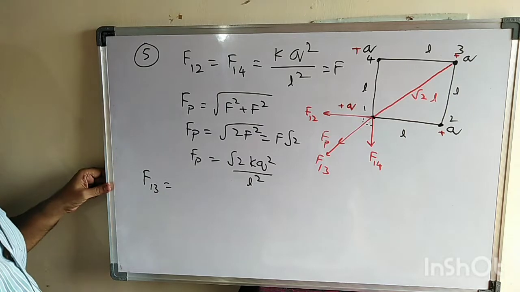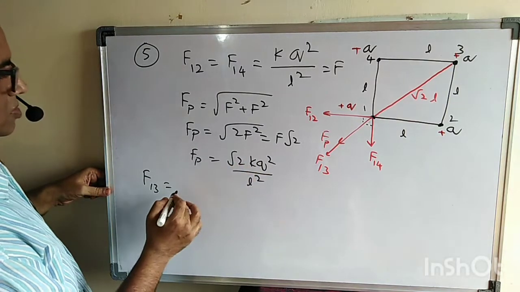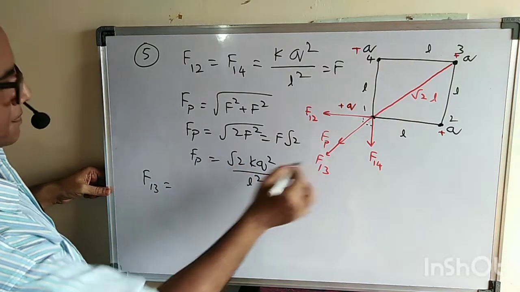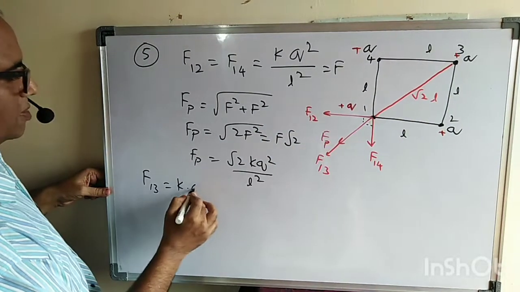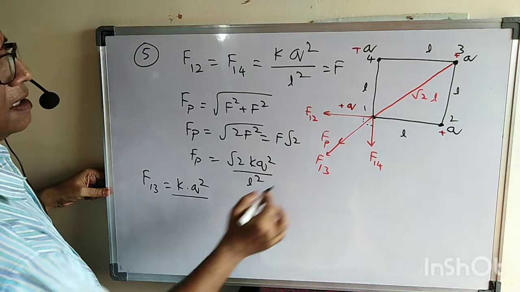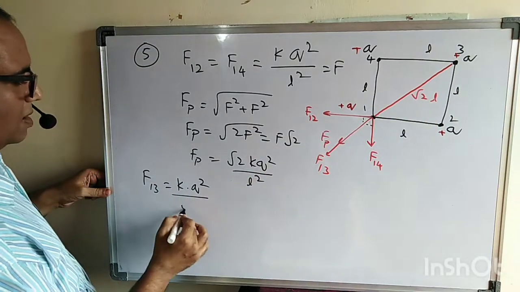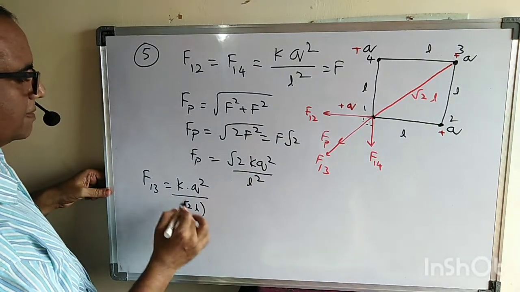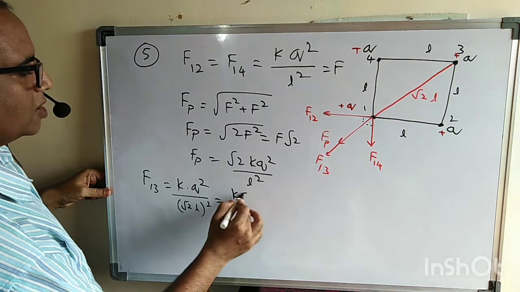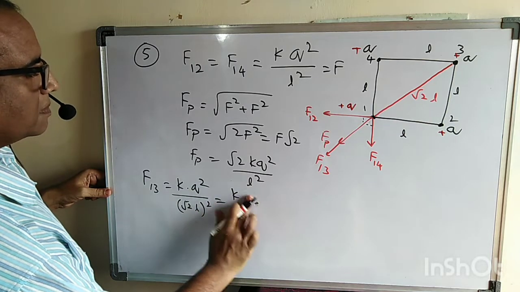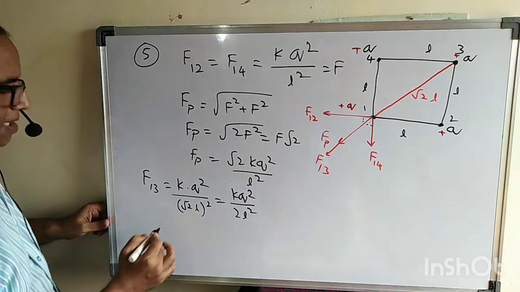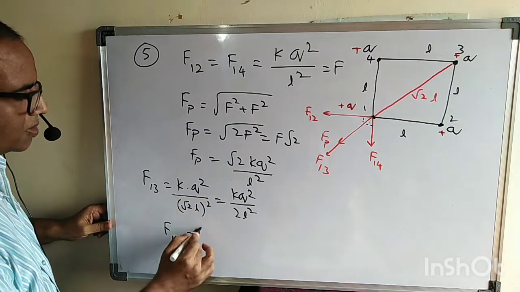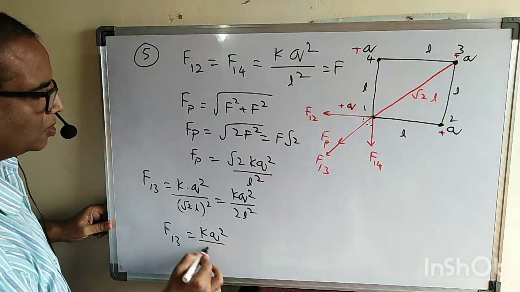F13 is equal to K, the charge between them, Q square, by the distance, root 2 L, whole square, which means 2L square. Therefore, F13 is equal to KQ square by 2L square.